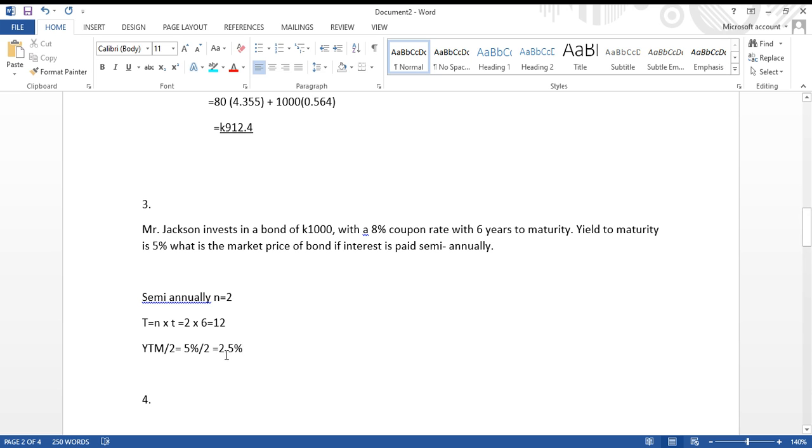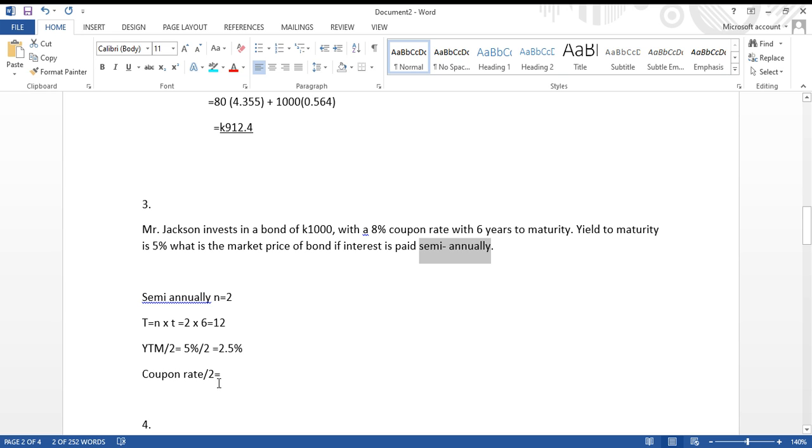Our coupon rate, or interest rate, also has to be adjusted. We divide it by 2, all because we're getting paid semi-annually. If we were getting paid quarterly, this would have been 4, and we would have multiplied 4 times 6, divided 5% by 4, or divided our coupon rate by 4.